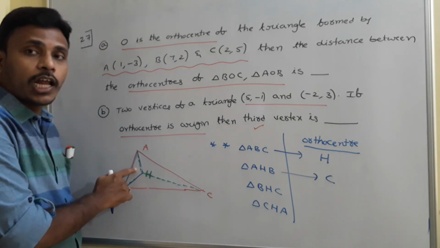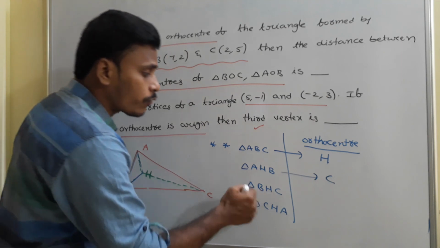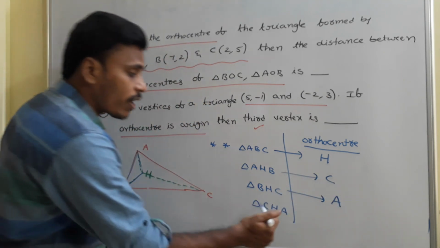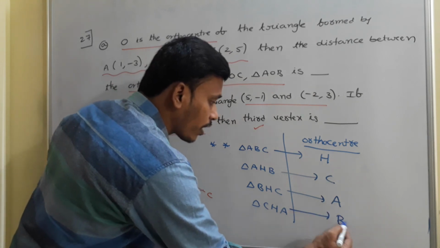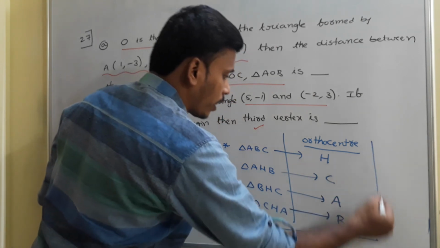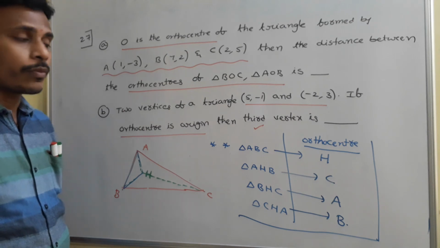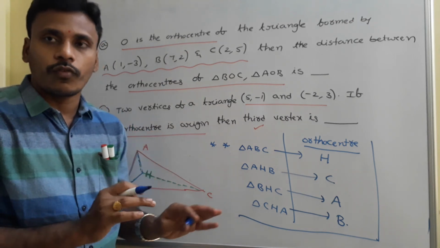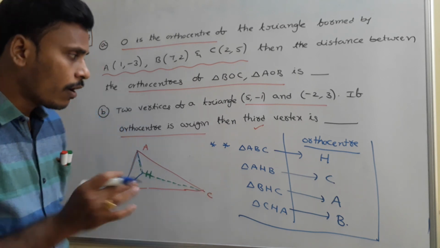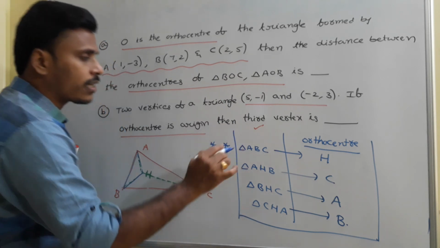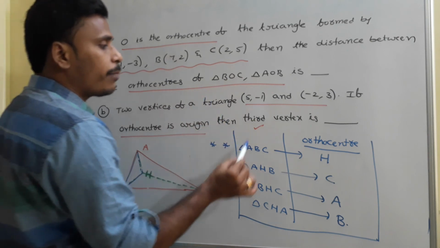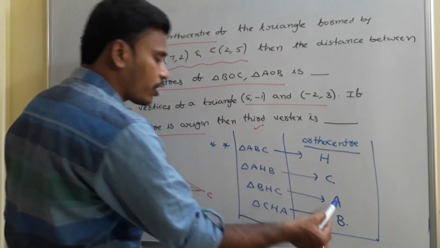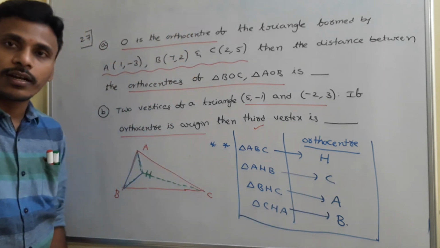For triangle BHC the orthocenter is A, and for triangle CHA the orthocenter is B. Very beautiful concept, very useful and very simple, and we discussed it in properties of triangles. So for triangle ABC the orthocenter is H, AHB has orthocenter C, BHC has orthocenter A, CHA has orthocenter B.